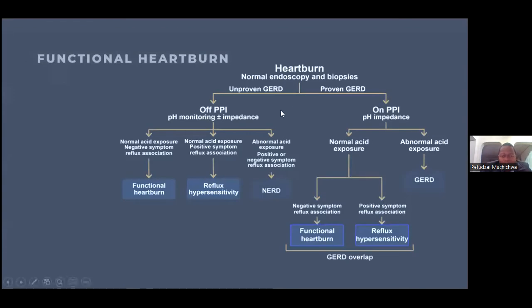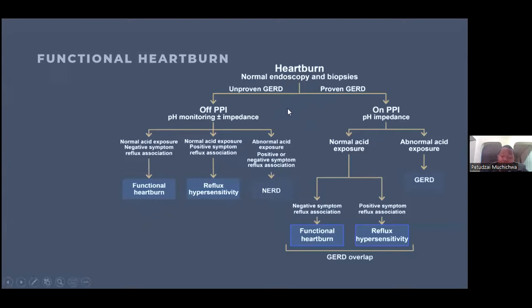In this diagram, we try to ascertain which patients can be categorized into the group of functional heartburn. And then there's also a group that will overlap with gastroesophageal reflux disease.